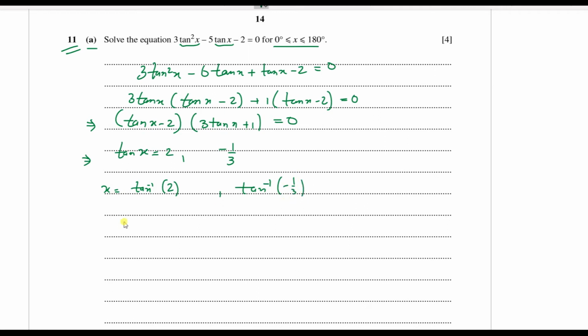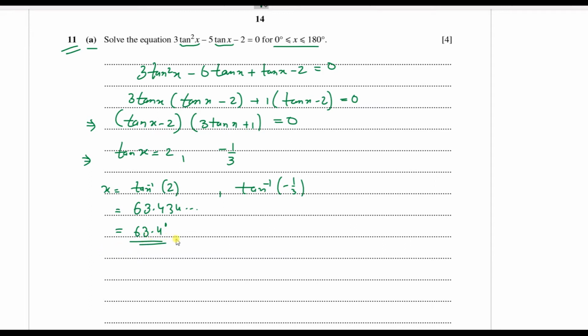So tan inverse of 2 is 63.434 and so on degrees. So we will write till one decimal place, that is 63.4 degrees. And the next angle will be 180 plus 63.4, which is not acceptable of course.